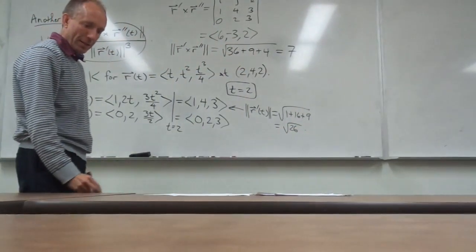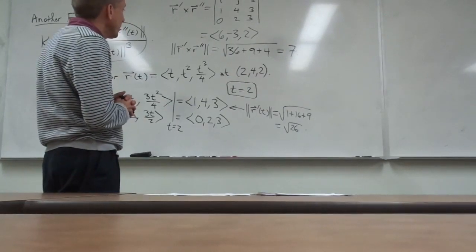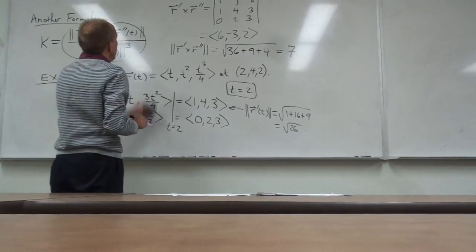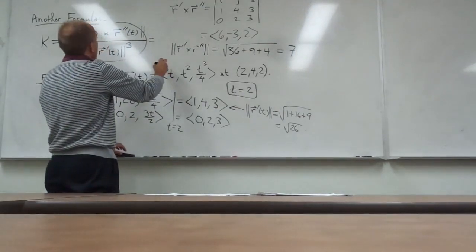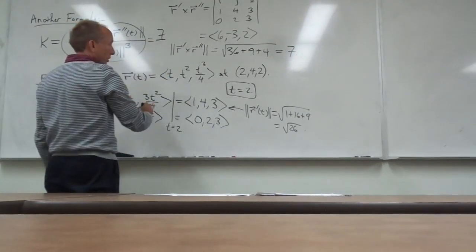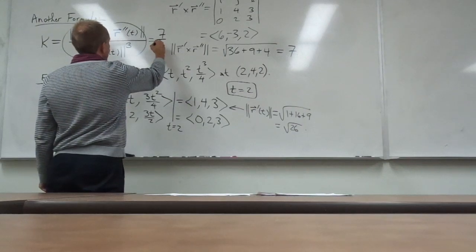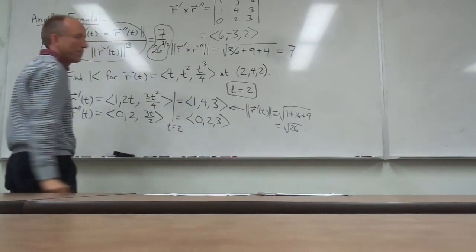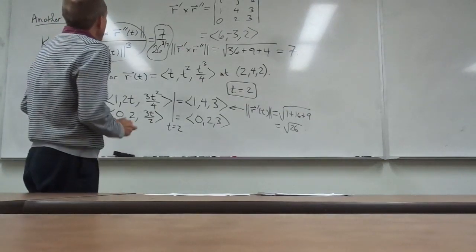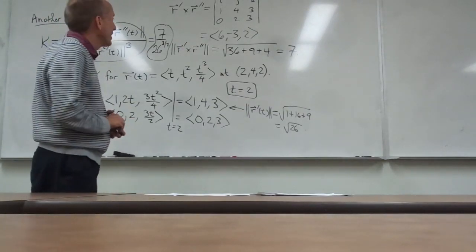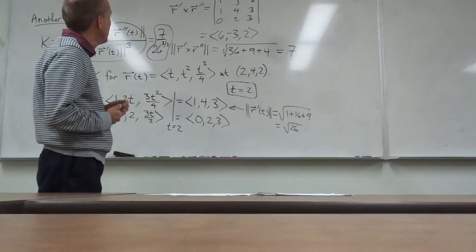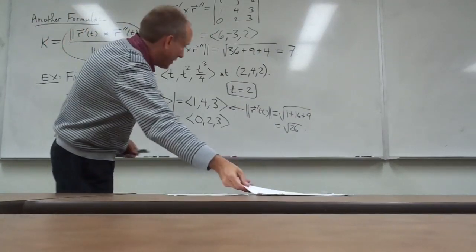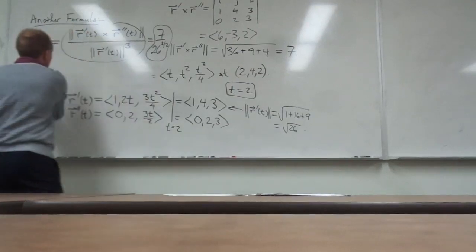So for my final answer, I've got 7 over the square root of 26 cubed, in other words, 26 to the 3/2 power. Pretty easy to calculate using this formula.